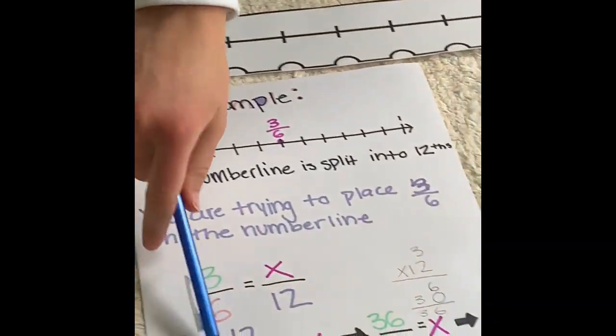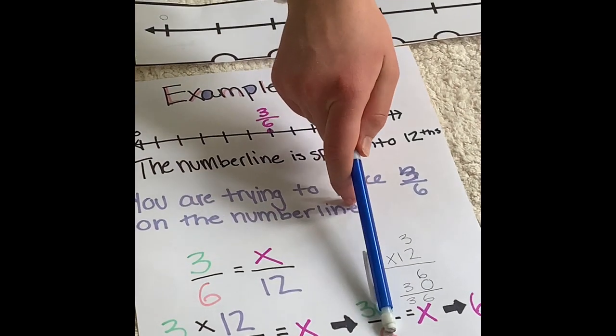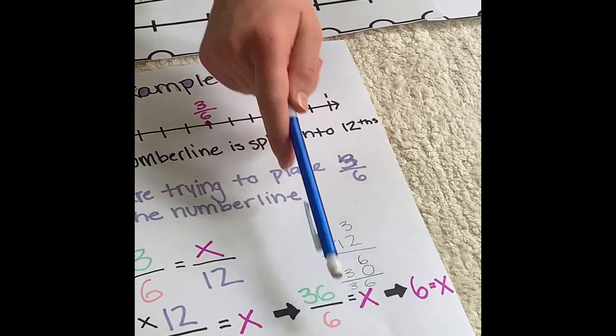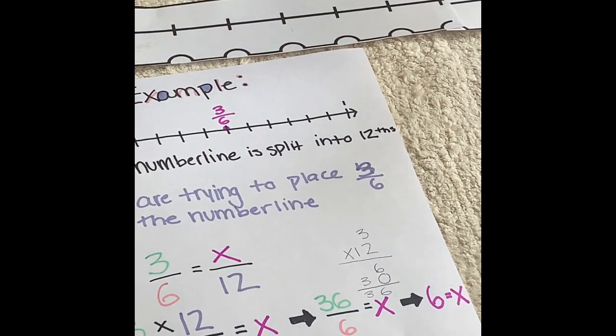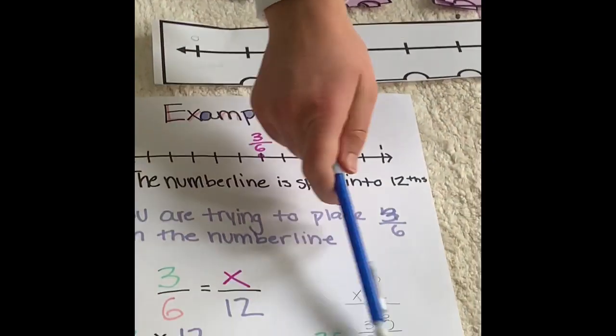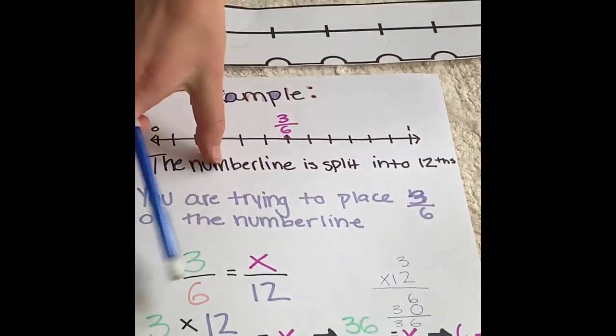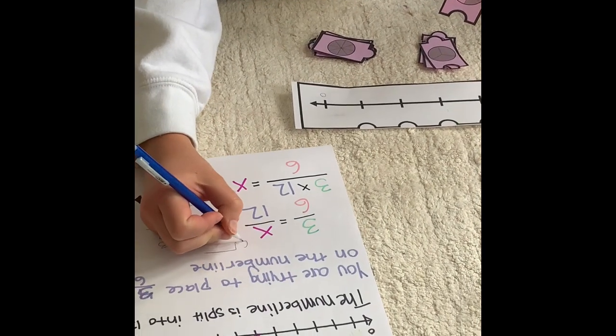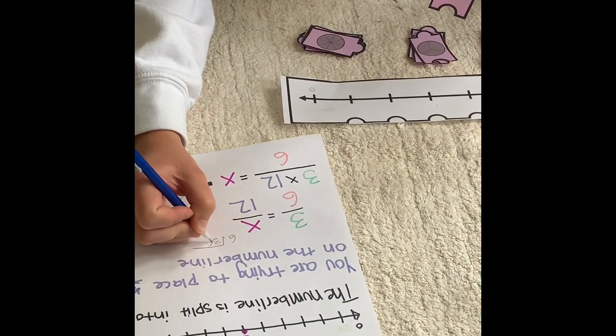So 36, and then bring the 6 over because that was your denominator before, and put it on the bottom. So then you're going to divide 36 by 6. You can put it into your long division, 6 on the outside and then 36 on the inside.